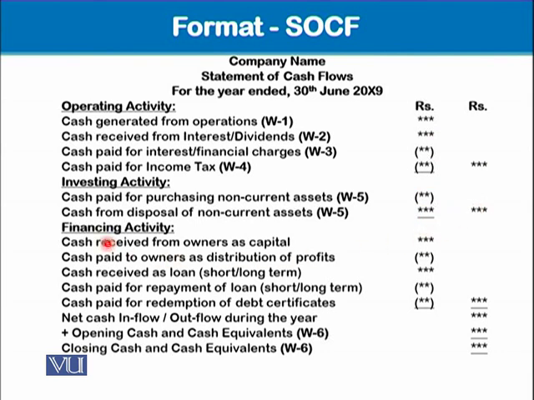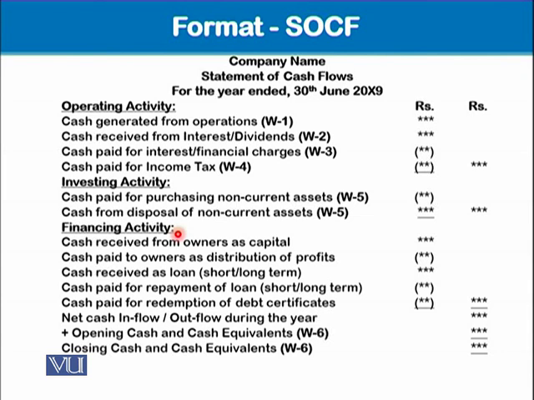Then comes financing activity, and we know very well this covers owner's equity and the loans, especially those appearing as non-current liabilities. But remember, in financing activity we also show the loans, whether short-term or long-term, for which we pay cash or have received cash.